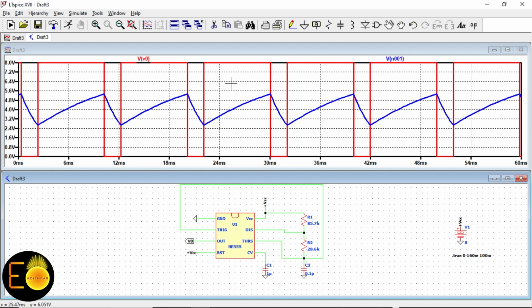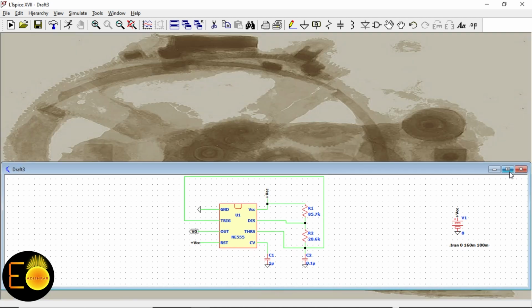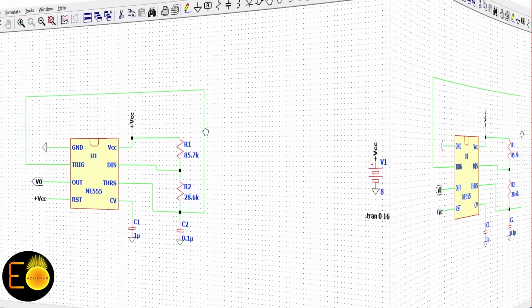So basically, on duty cycle means T on divided by total T, and off duty cycle means T off divided by total T. So 50% duty cycle means on time and off time will be equal to each other, and that I can make using two diodes that I have explained already using that animation.